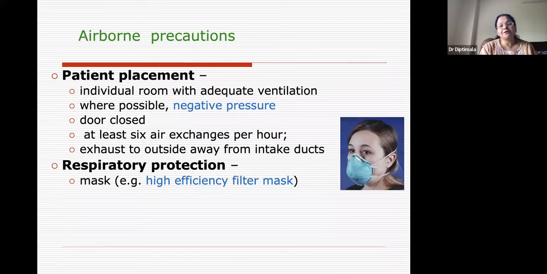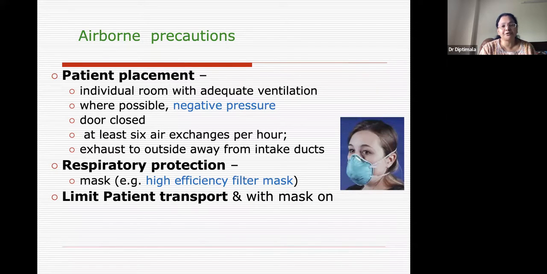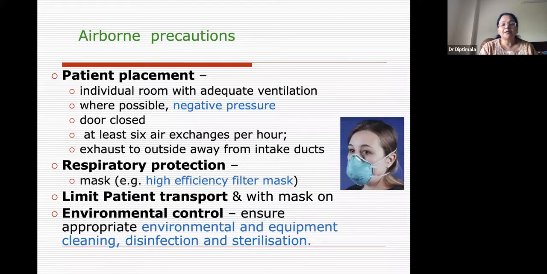For respiratory protection, the staff attending to the patient should wear a high efficiency filter mask. Limit patient transport. Transport the patient only if it is a must. And if a patient has to be transported, the patient should have a mask on.